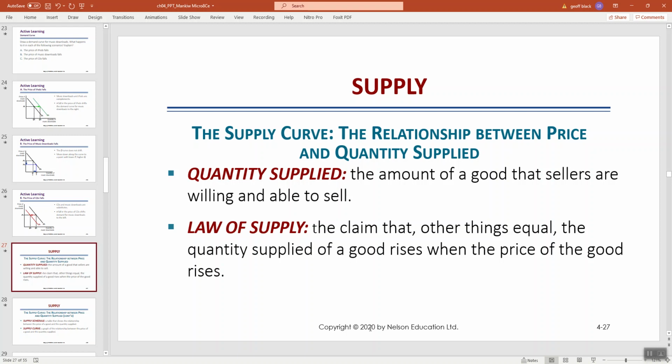Which means as one goes up, so too does the other. If price goes up, quantity supplied goes up. If price goes down, quantity supplied goes down. They move together in tandem, in the same direction. So it's the opposite of demand.